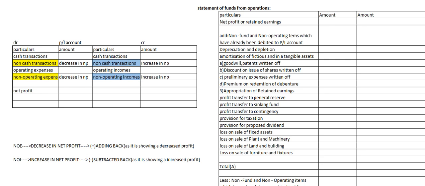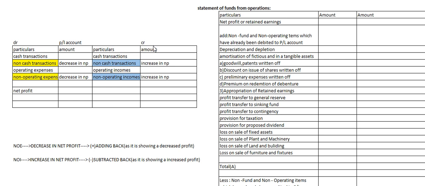If you see, as an organization, at the end of the financial year, there are three basic accounts which are prepared. One is the trading account, the second is the profit and loss account, and the third is the balance sheet. So in the financial statement, basically all the incomes and expenses, irrespective whether it is operating or non-operating, cash or non-cash, everything are included in the calculation of your financial position of the company.